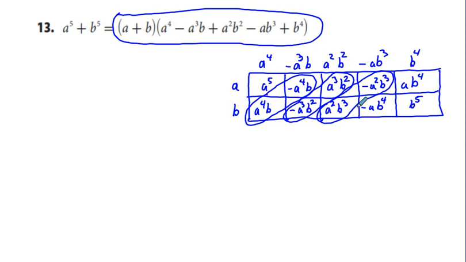And finally, negative a b to the fourth power plus a b to the fourth power will cancel each other. So all these encircled pairs of terms will cancel each other, and we are going to be left with simply a to the fifth power plus b to the fifth power. So that's going to be our verification of this identity.